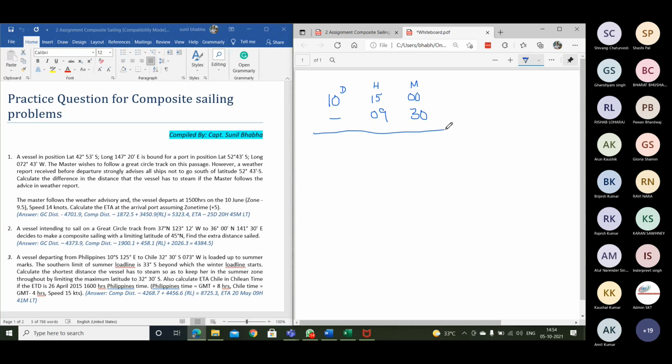So when you do that, you get the time 05 hours and 30 minutes. This is your GMT departure. Up to here, okay, beta? Yes, sir. Very good.